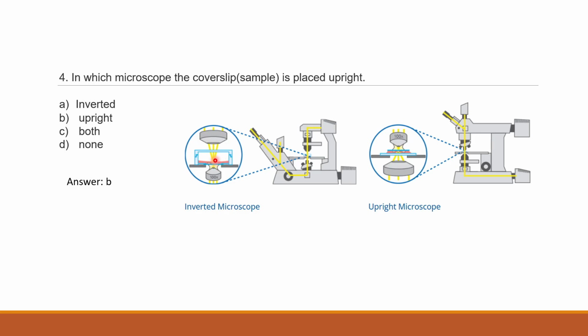Okay, and also if your sample is in a culture dish, then what will you do? And if it's a live sample, if you want to do some live cell imaging, or you want to observe your cells just for morphology's sake, with no need of live cell imaging.